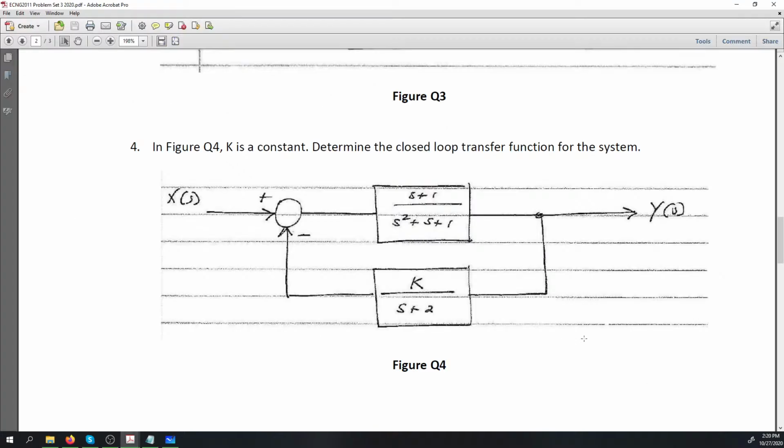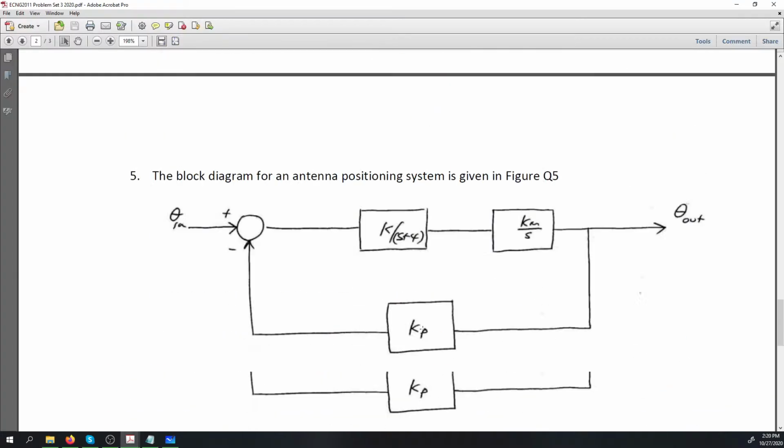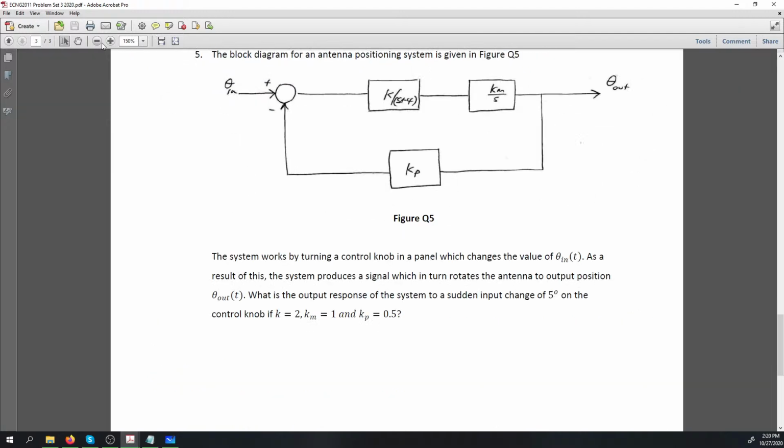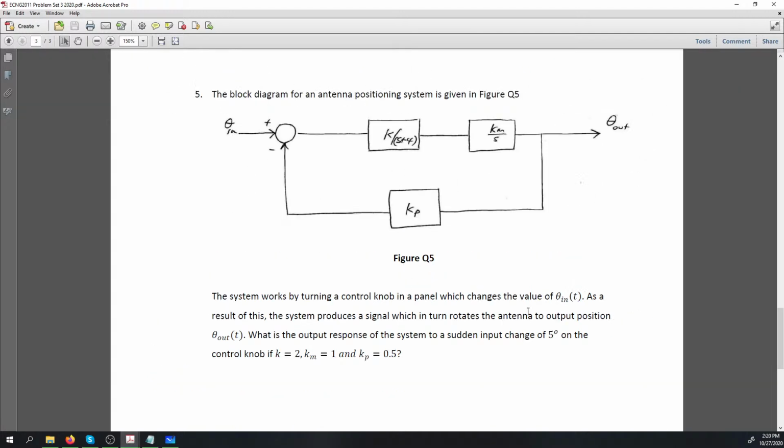Alright, so move on to question 5 in particular. That was the last question with respect to problem set 3. This question asked what the output response of the system will be to a sudden input change of 5 degrees on the control knob, given values for K, Km, and Kp.